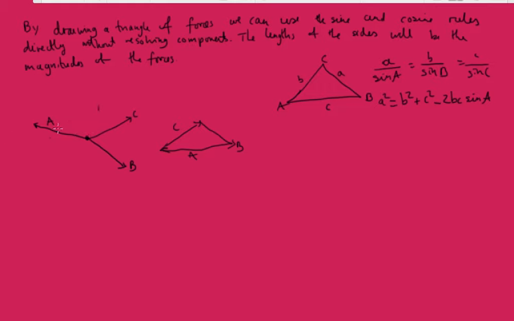Now, let's take this a wee bit further. The angle where the vectors B and C meet, we're going to call alpha, and we're going to call the angle where A and C meet beta, and we're going to call the angle where B and A meet gamma. Now let's look at where those then appear in our triangle.